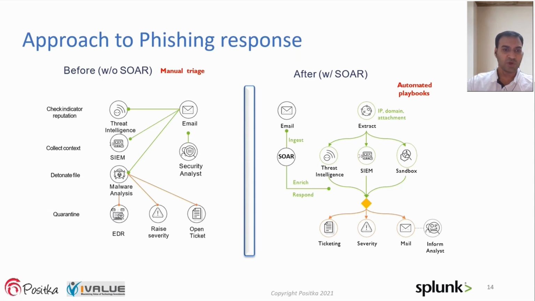He's going to look in threat intelligence platforms, SIEM platforms, and do malware analysis. Based on the results, he's going to take actions, like quarantine actions on EDR, or open a ticket, or raise the severity, or escalate it. Typically these are the actions, and they are very time-consuming.